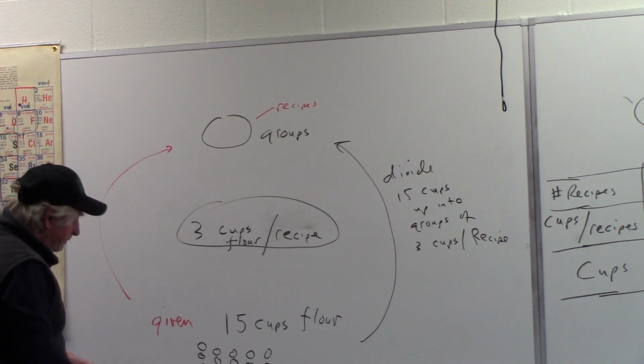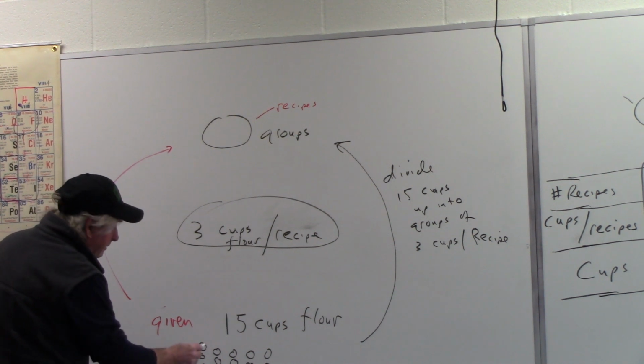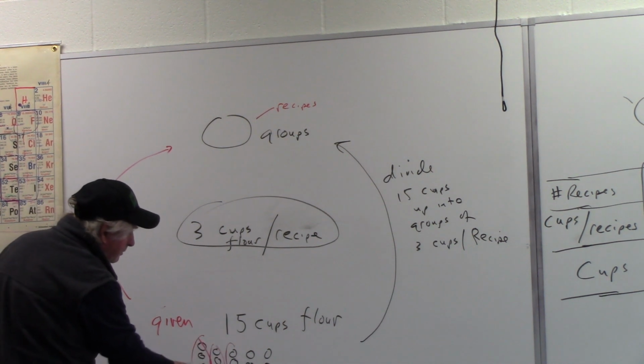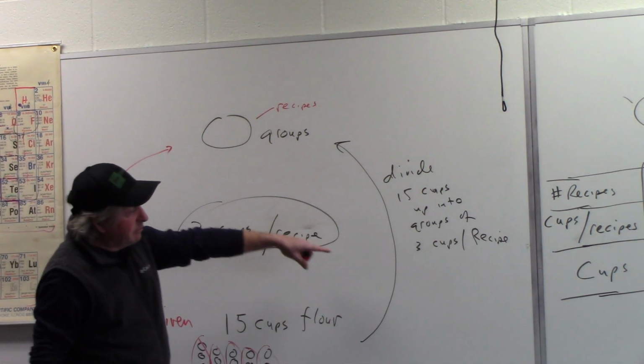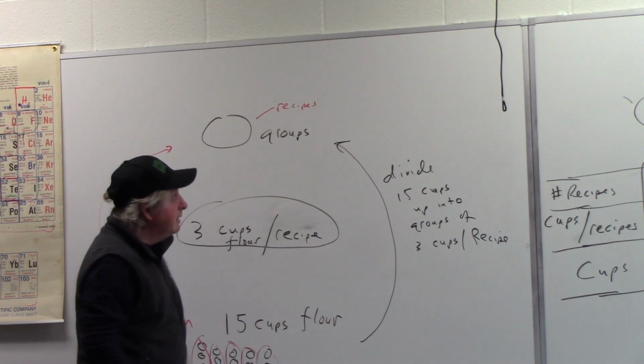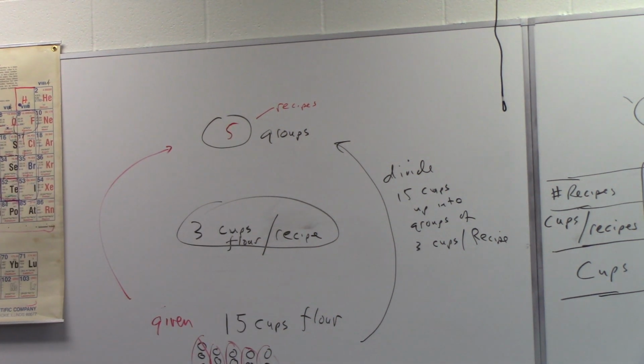I'm going to physically do that. I have 15 cups, and I break them up into groups of 3: 1, 2, 3, 4, 5. And when I break the 15 up into groups of 3, I end up with 5 recipes.